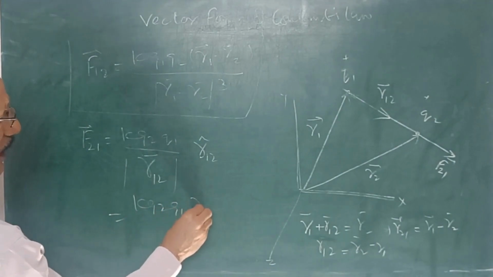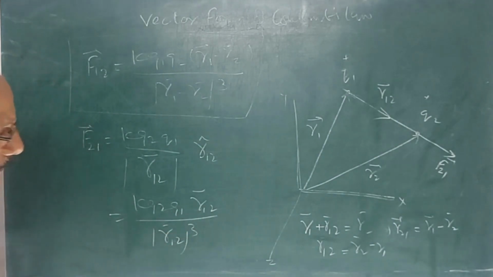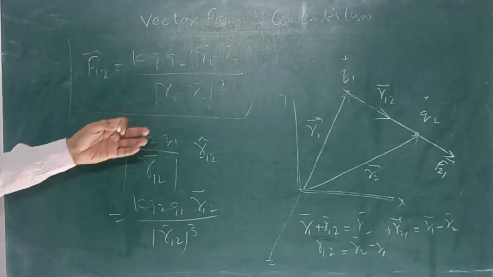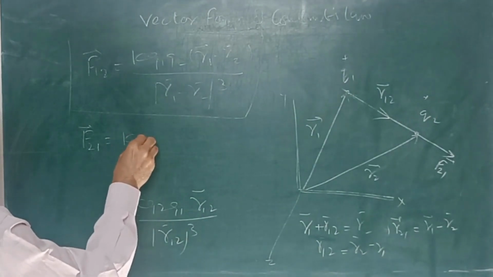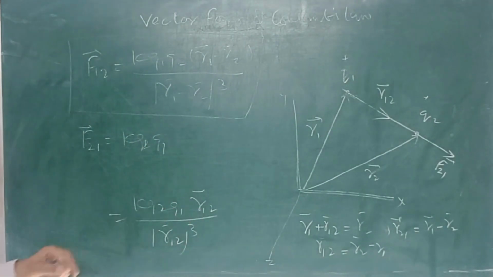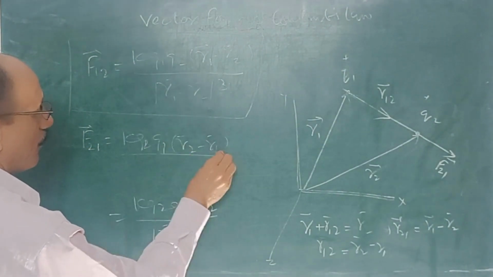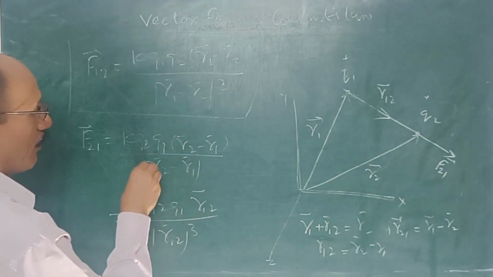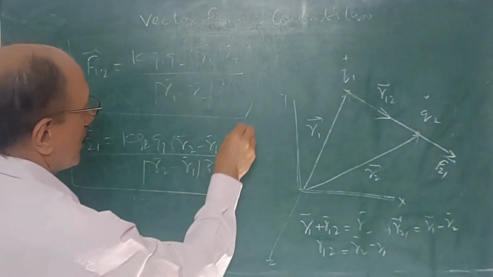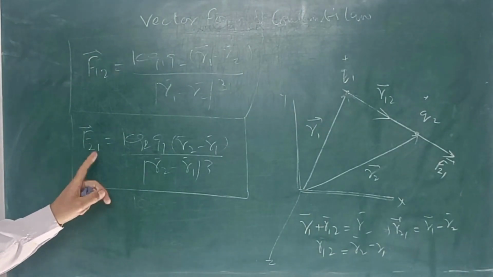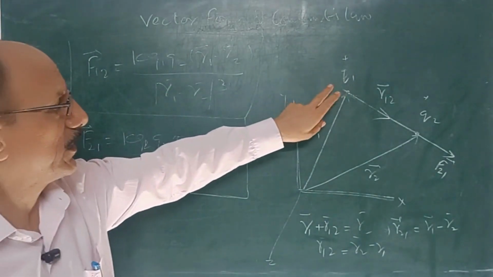K Q2 Q1 R12 vector complete, and here it will become R12 mod cube. Clear? Now this can be written further as K Q2 Q1 R12, which can be written as tip minus tail, so R2 minus R1 upon R2 minus R1 mod cube. So this will be the final shape of the vector form of the force on the second charge due to the first charge. This is the force on the first charge due to the second charge.